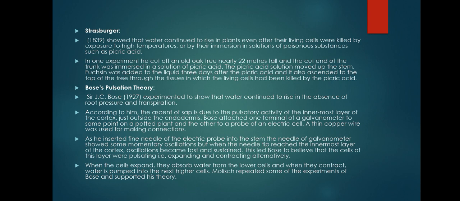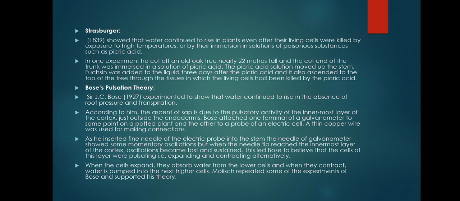In 1893, he showed that water continued to rise in plants even after their living cells were killed by exposure to high temperatures or by their immersion in solutions of poisonous substances such as picric acid. In one experiment, he cut off an old oak tree nearly 22 meters tall, and the cut end of the trunk was immersed in a solution of picric acid.